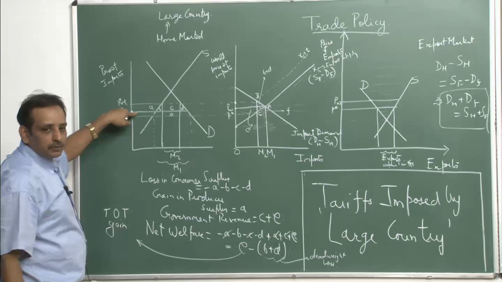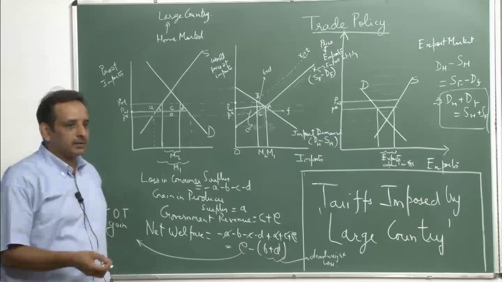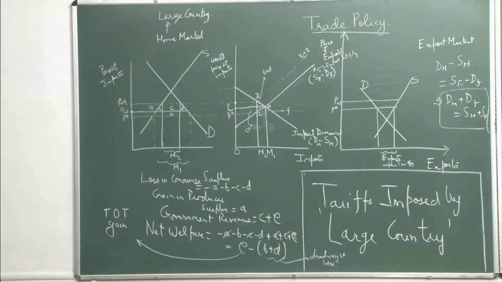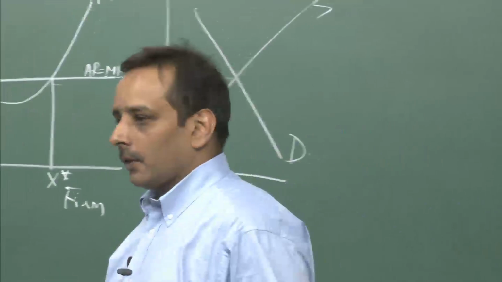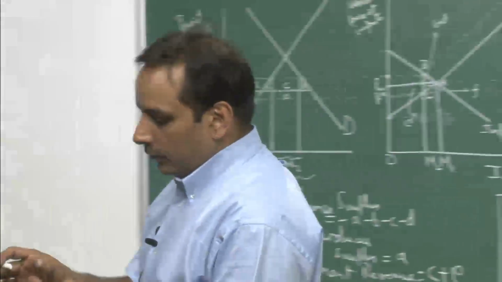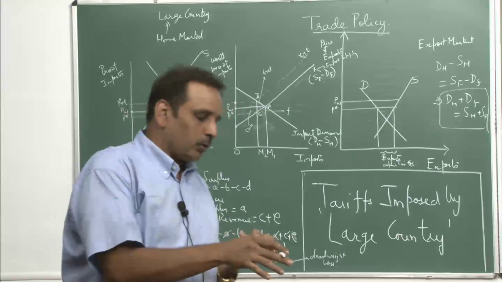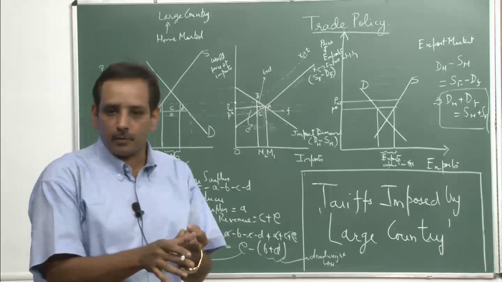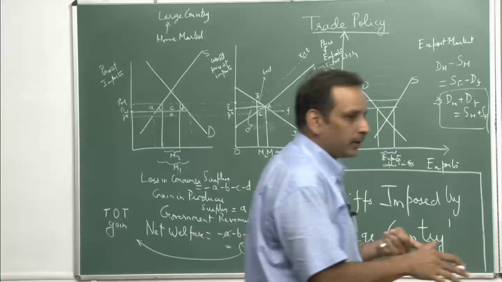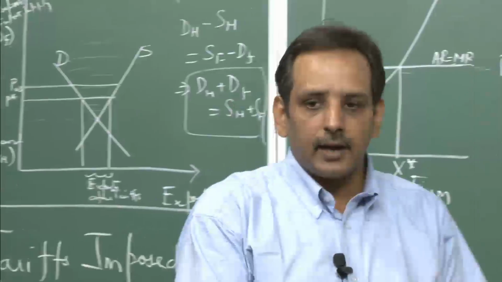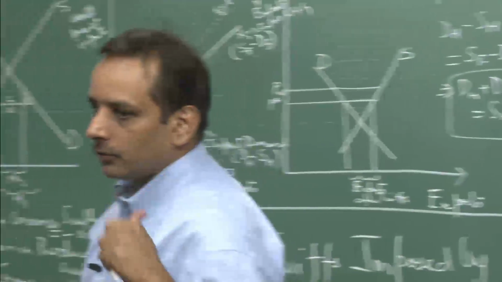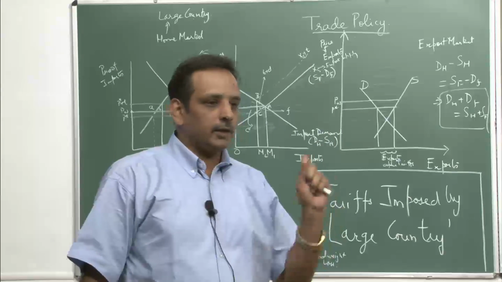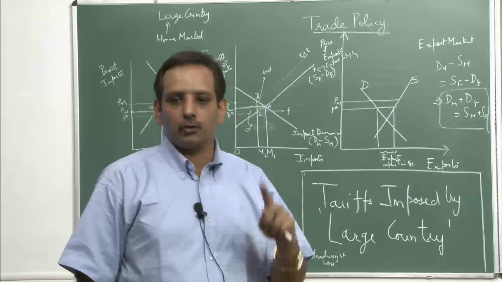Now, you see a situation where for various reasons this country imposes tariffs. We have already discussed about the various reasons why a country imposes tariffs. For revenue reasons, for safeguarding their own industry, for negating any competition from outside, for promoting domestic industry, and if you would also see that another reason that you impose tariffs is that it increases the terms of trade, the terms of trade goes up.